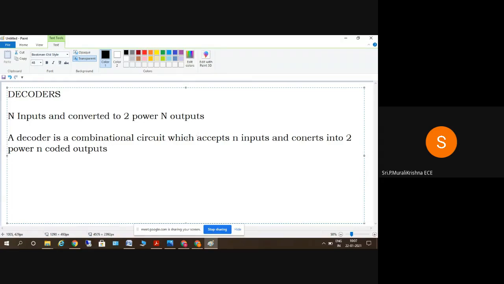That is the basic general definition: n inputs and outputs less than or equal to 2 power n. For example, if there are 2 inputs, it will generate 4 outputs in the case of a decoder.